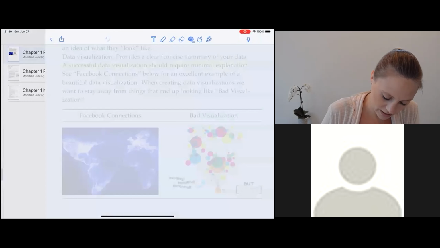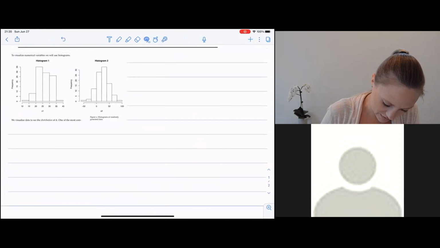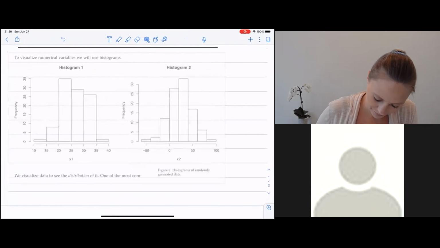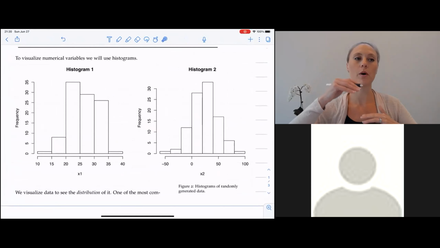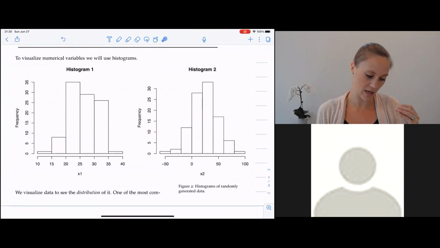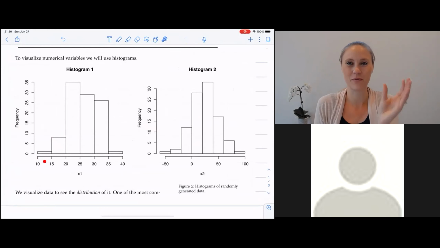So to visualize numerical variables, what we're going to use is called a histogram. And a histogram looks like this. We've got bars, and the height of each bar denotes the frequency in your data. These are called bins, and that's what they are, just little bins.